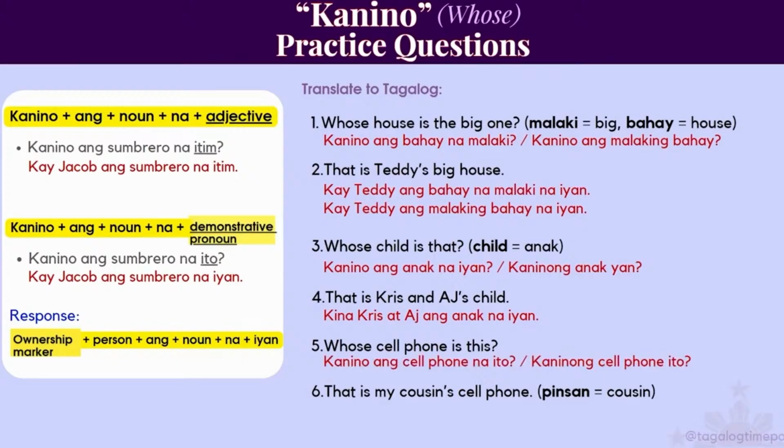Number 5, whose cell phone is this? "Kanino ang cellphone na ito?" So that's following sentence structure number 2. Kanino ang, the noun is cell phone, na, ito is the demonstrative pronoun. And just quickly speaking, someone might say, "kaninong cell phone ito?"